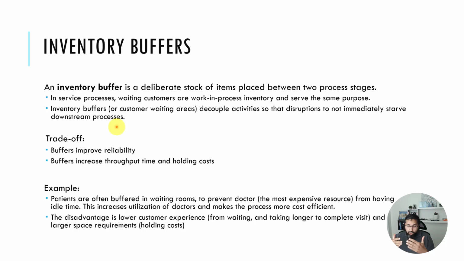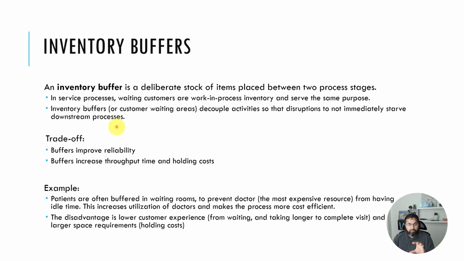Let's say there's some starvation happening because you have an imbalanced process, but let's say one of the workstations, the employee wants to take a bathroom break, or they just fall down and they're hurt and they need to be off the work for a little bit, and you have to get a replacement worker in, things like that, then these small disruptions don't increase the starvation down the line and don't reduce your output.